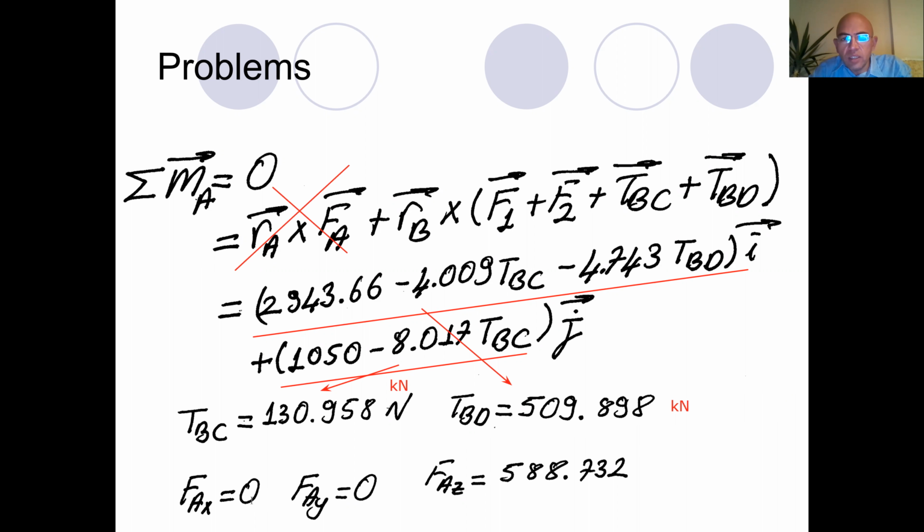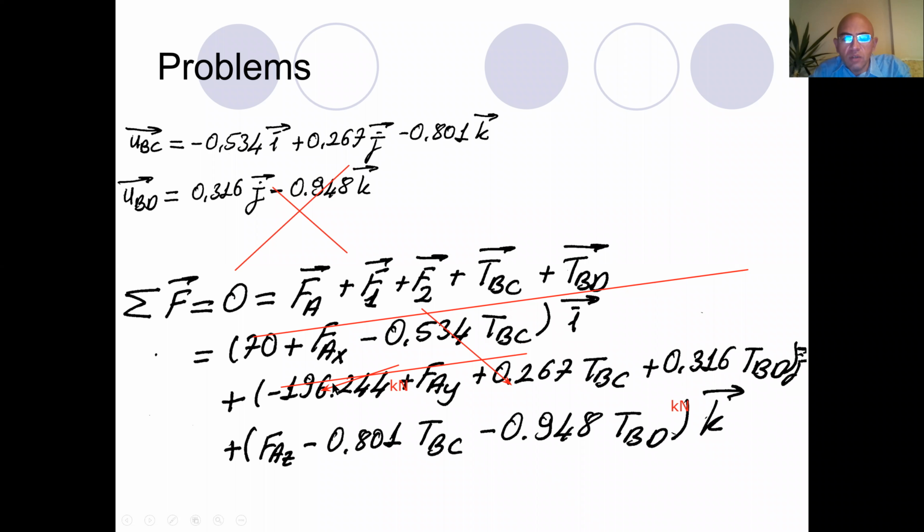Now, after finding these values from the two previous equations, I can calculate the FAX, FAY, and FAZ. If I substitute the value for TBC, I will find that FAX is equal to 0. Then if I substitute the TBC and TBD, I will find FAY is equal to 0 as well.